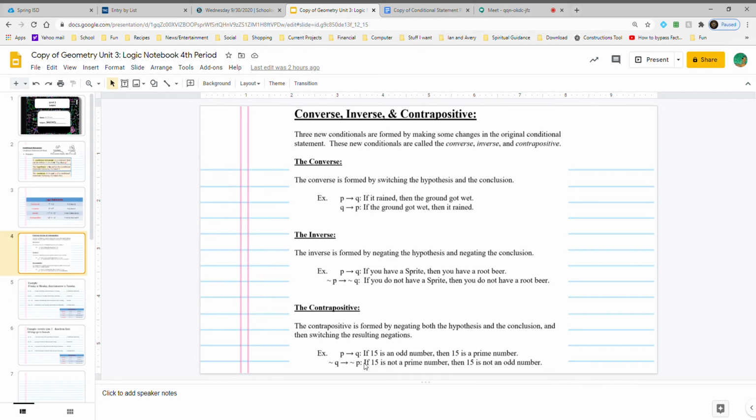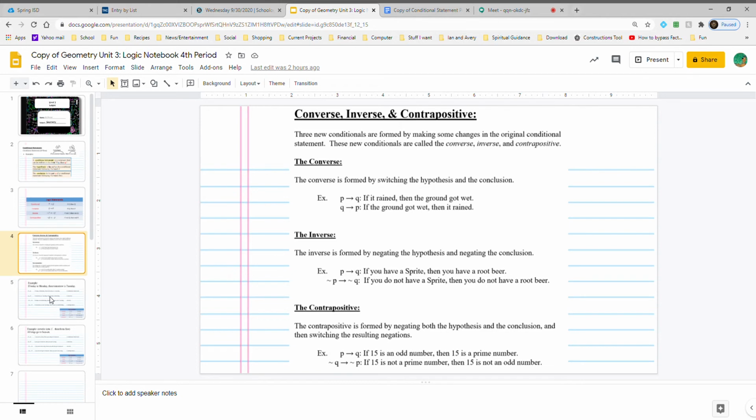So if 15 is not a prime number, then 15 is not an odd number. Okay, so that is how that works. It's if the opposite of this happens, then the opposite of that happens. So you got to flip them and make them the opposite. Okay, so I've got a couple of examples for you.